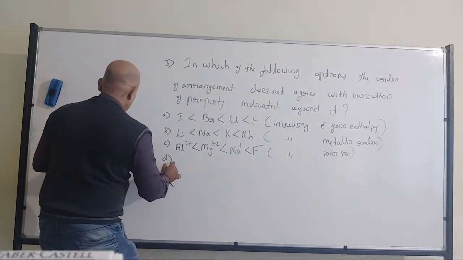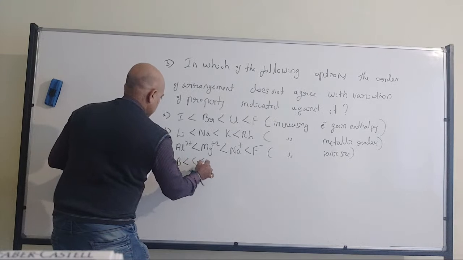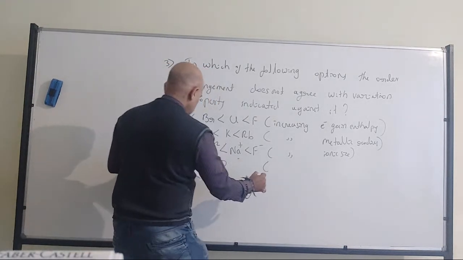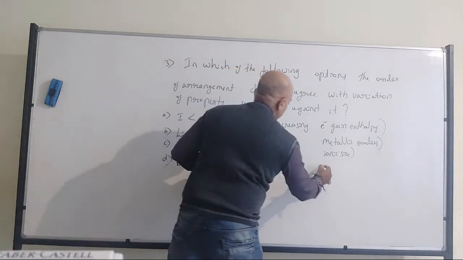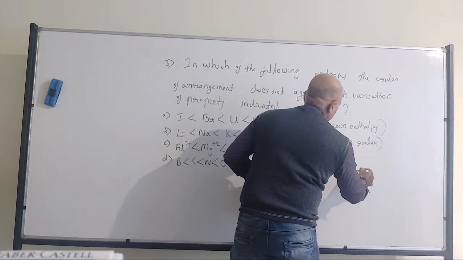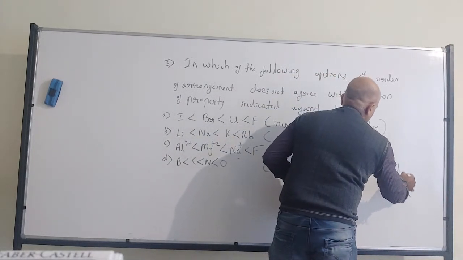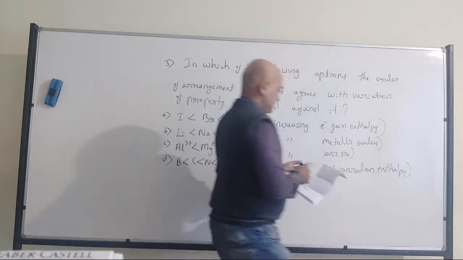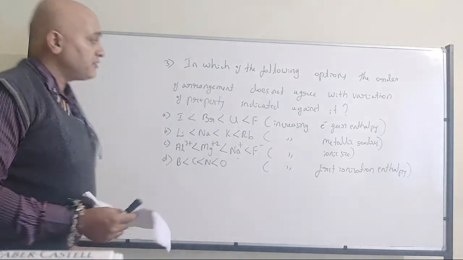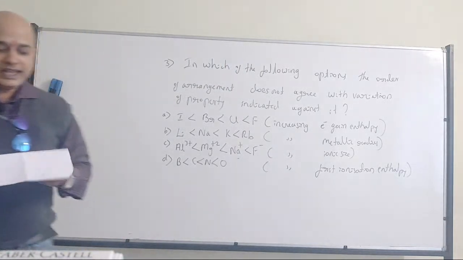Next, option D, boron less than carbon, less than nitrogen, less than oxygen. So this is increasing first ionization enthalpy. This is the question.